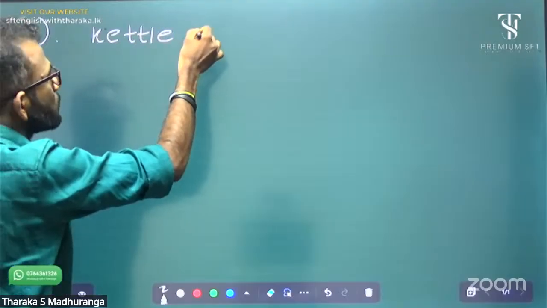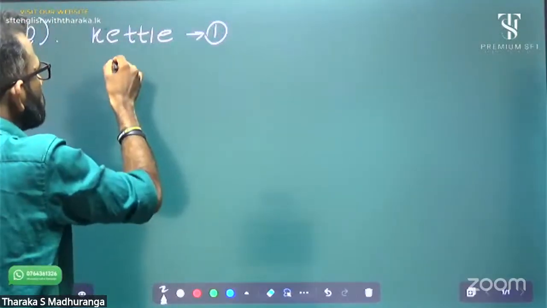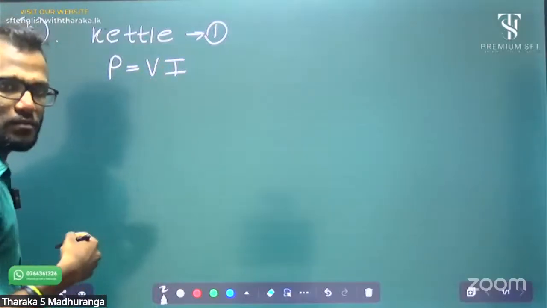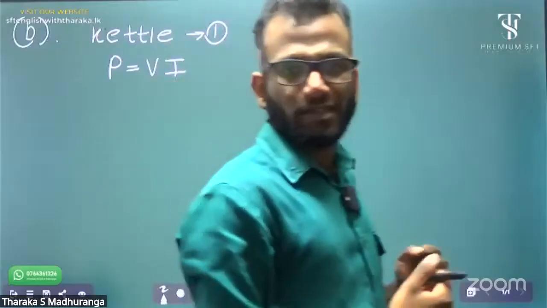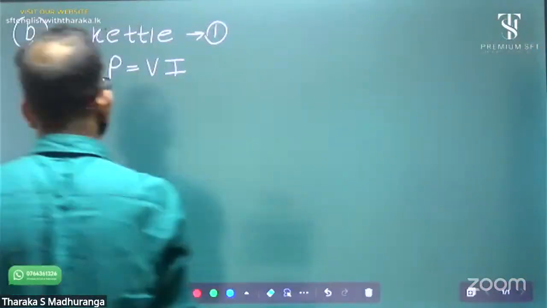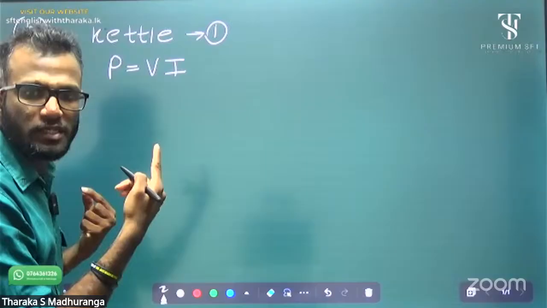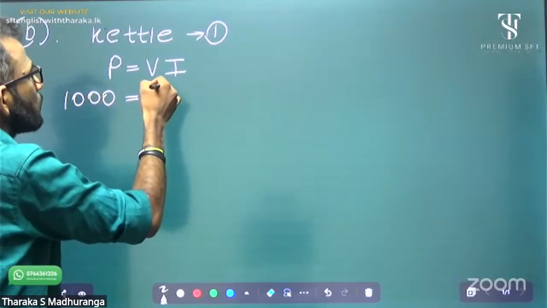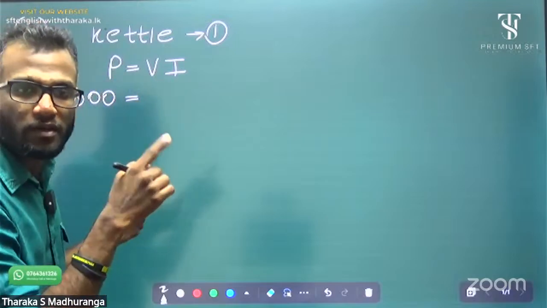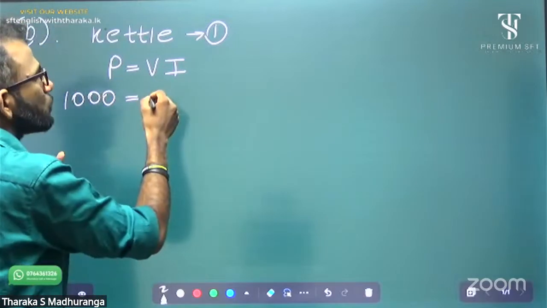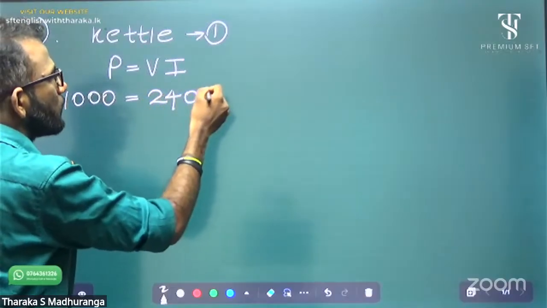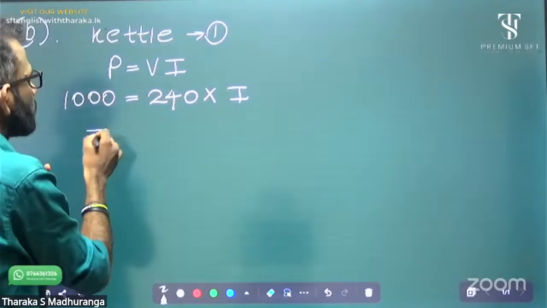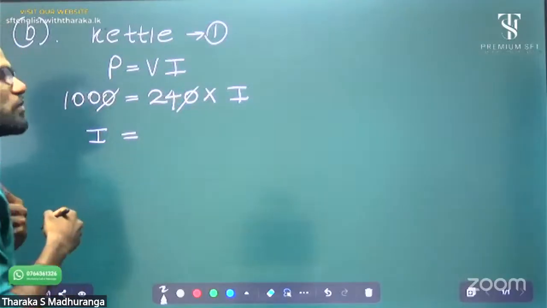P equal V I. Now what is the power? 1 kilowatt, 1000. 1000 equal, and the voltage for the first one is the supply voltage 240, so 240 into I. Now you can isolate I. 0 to 0 cancel, 100 over 24.